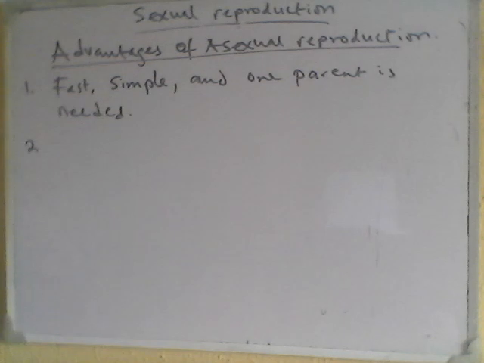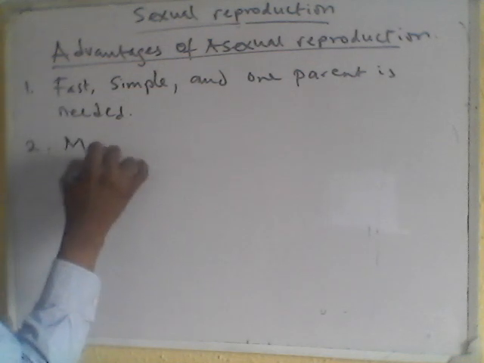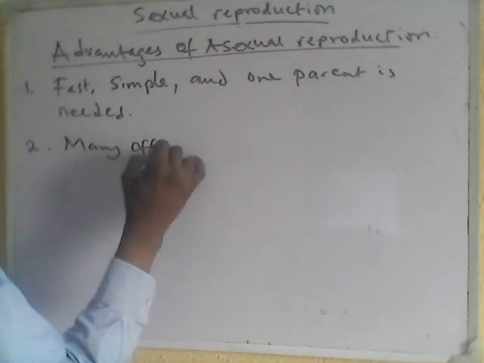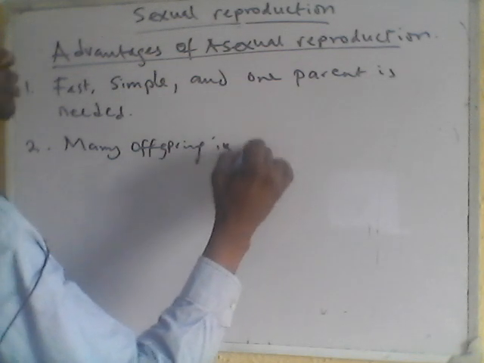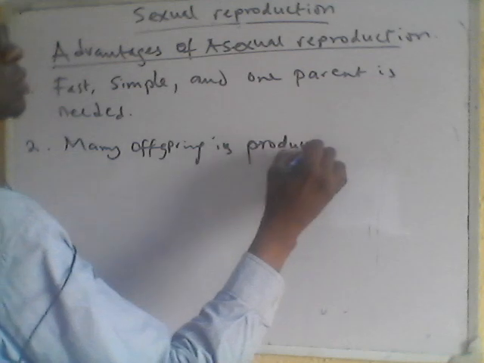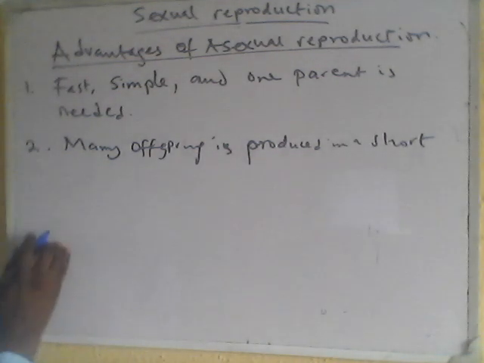Number two, many offspring are produced in a short time. So that is the advantage of asexual reproduction.